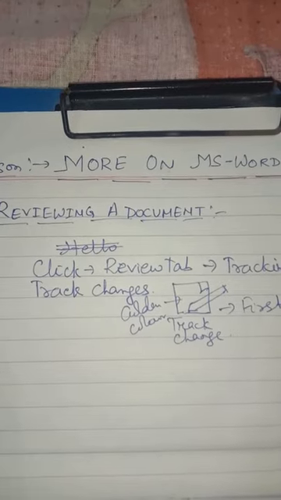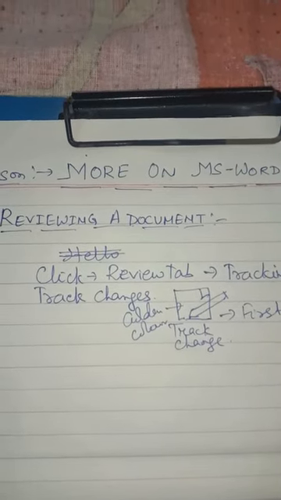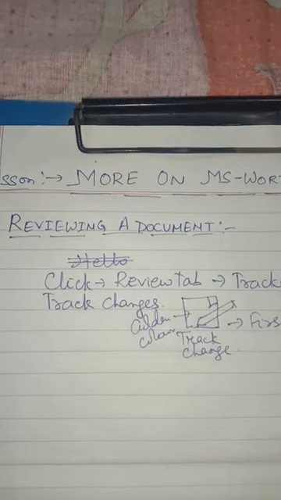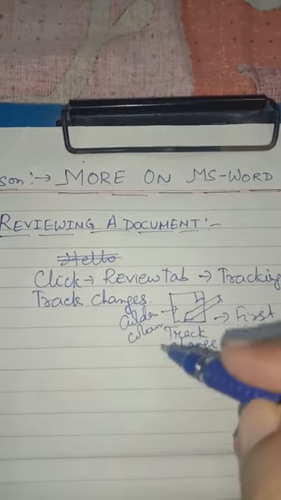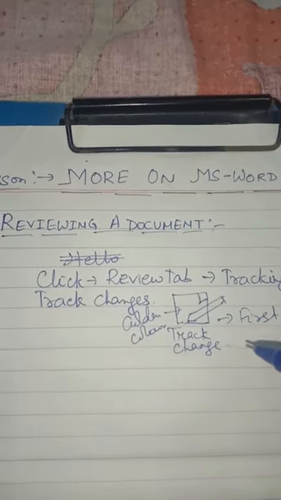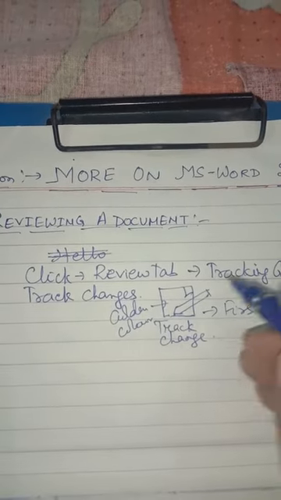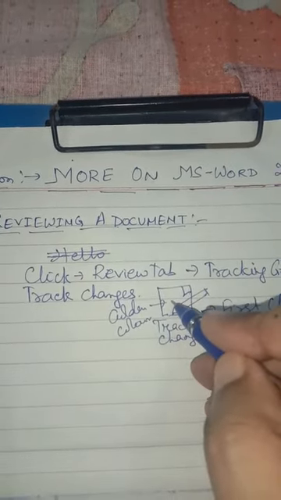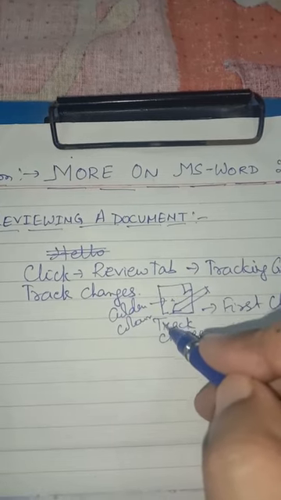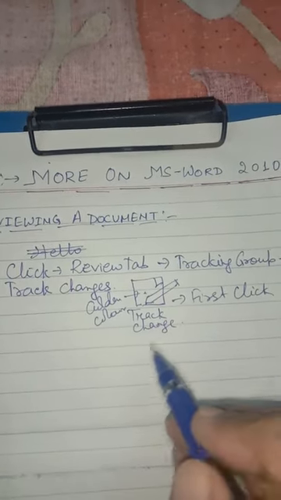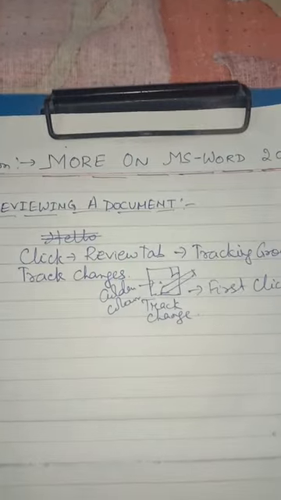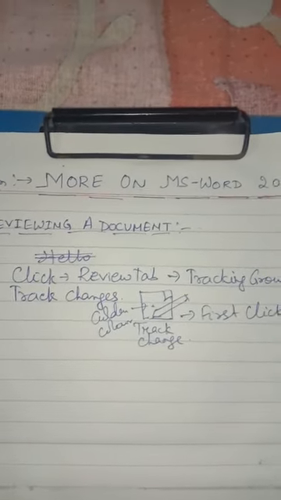All those things will get highlighted in colors. Now if we want to turn off track changes, just click over here once more, and the track changes will get off. So in this way we can use track changes.